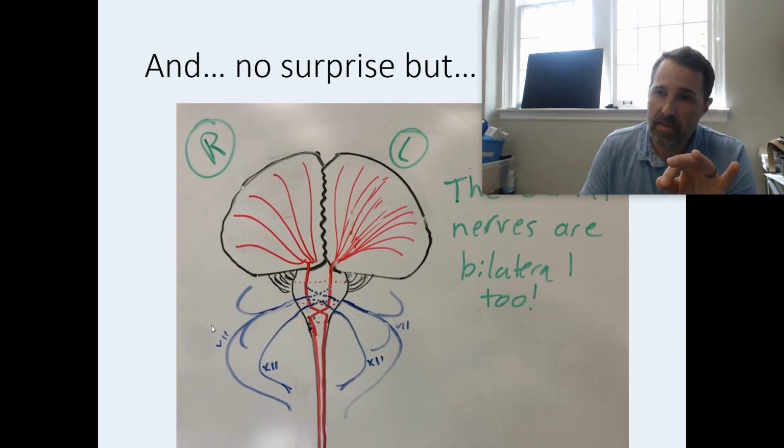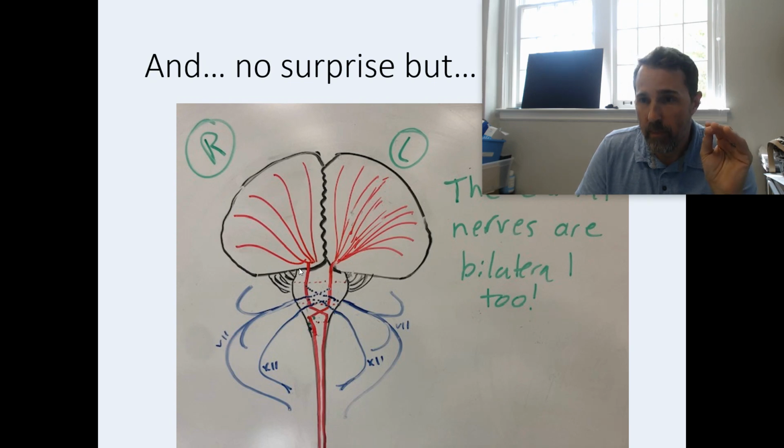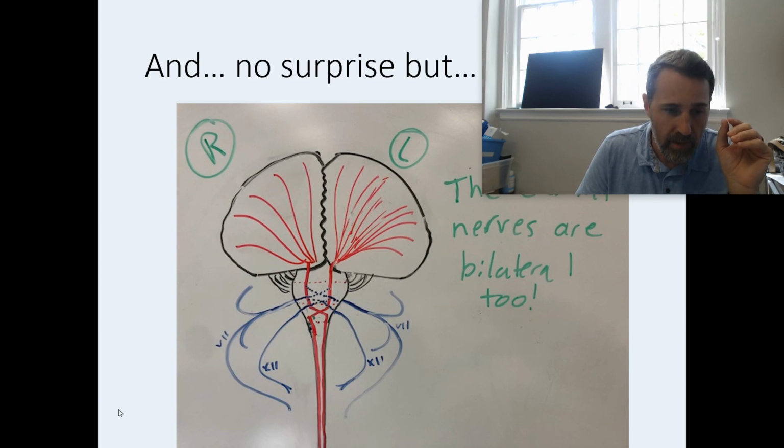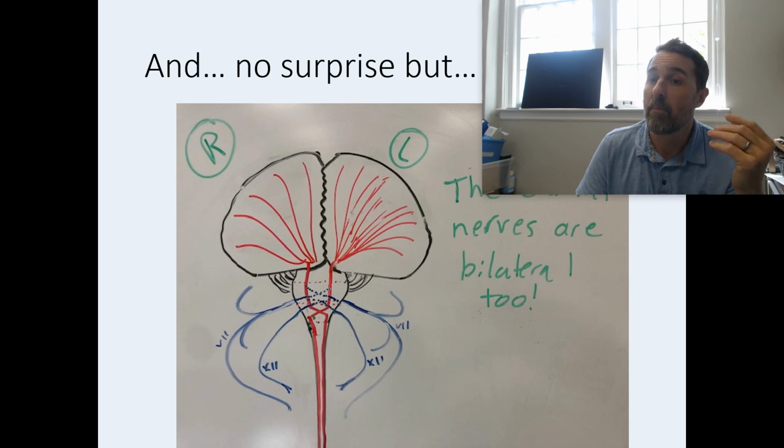All right, this is not going to directly come into play, but some of you guys may be generating the questions in your mind, so I'm going to clear up any confusion. You may remember that most of the cranial nerves plug in to the brainstem at the midbrain and the pons, above the level of decussation.